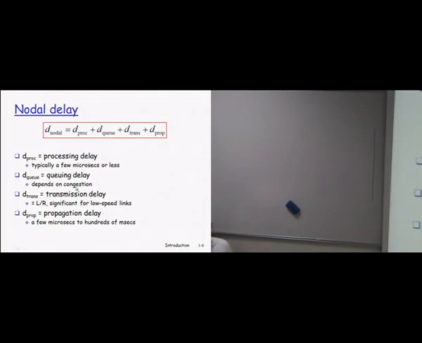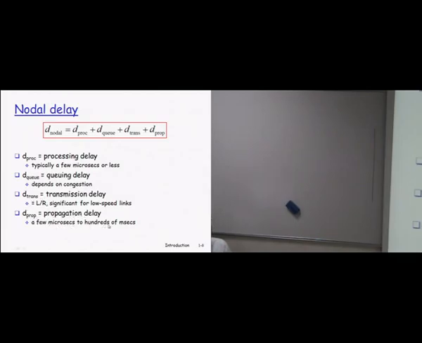If the packet size is bigger and the link speed is slow, it will definitely take more transmission time. Propagation delay is from a few microseconds to hundreds of milliseconds. It varies starting from microseconds and could go up to milliseconds. Clear?